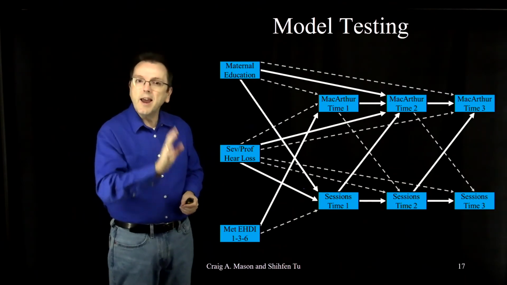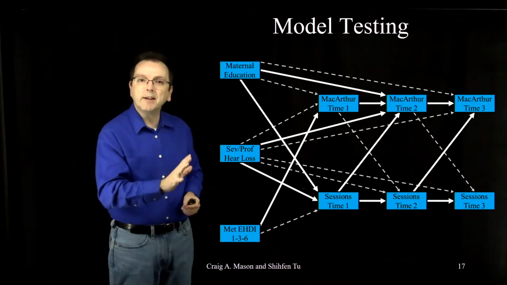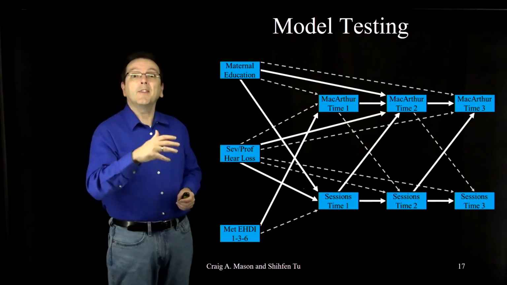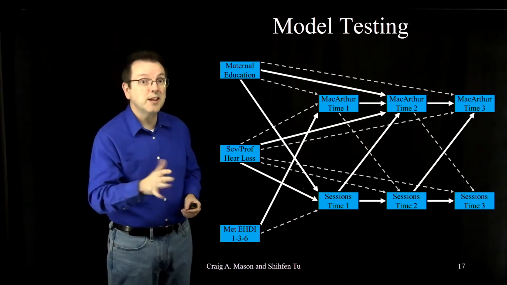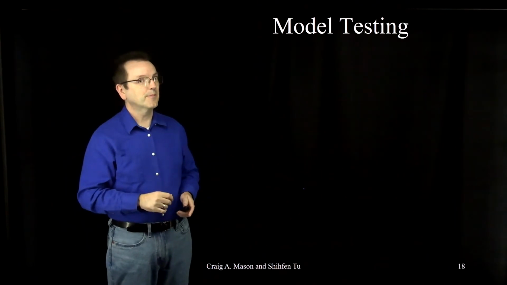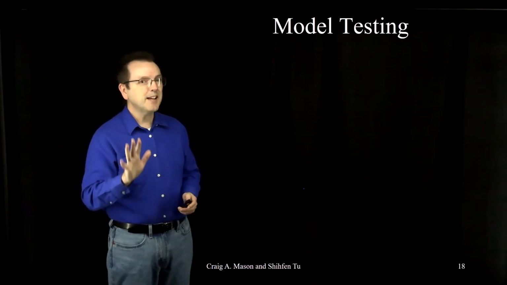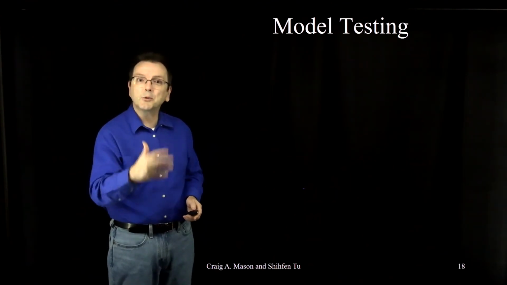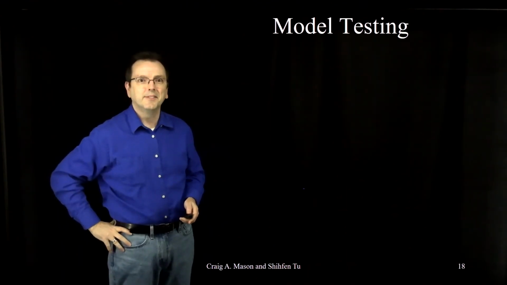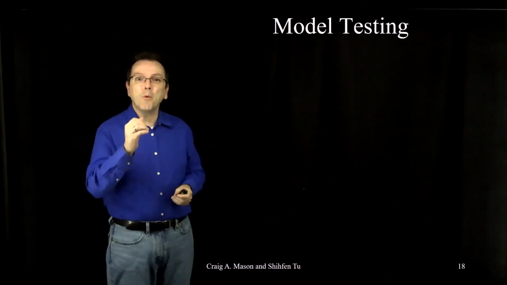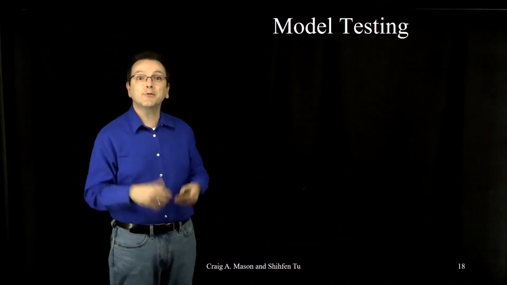We can create a list of expected correlations and covariance values that we expect to see if the model is true. This sounds a lot like the null hypothesis in a chi-square goodness of fit test, doesn't it? And it is our null hypothesis when we use the goodness of fit test for model testing.